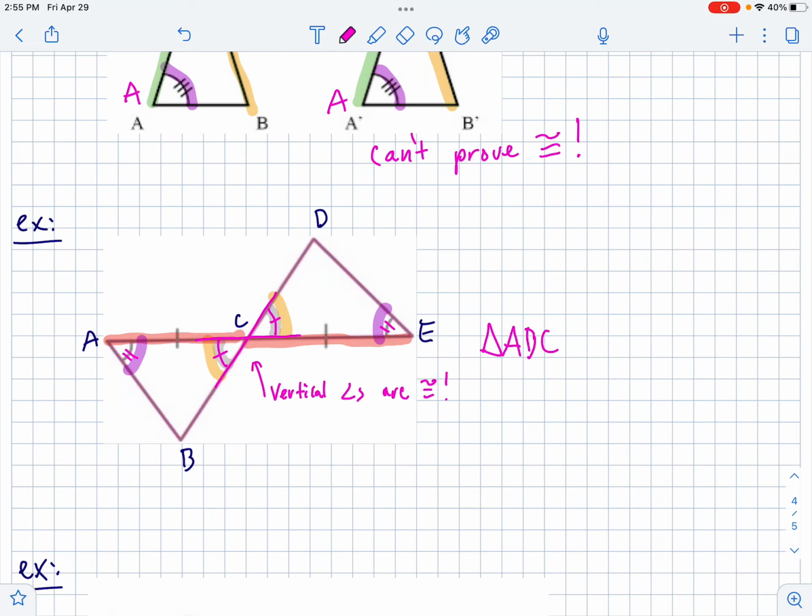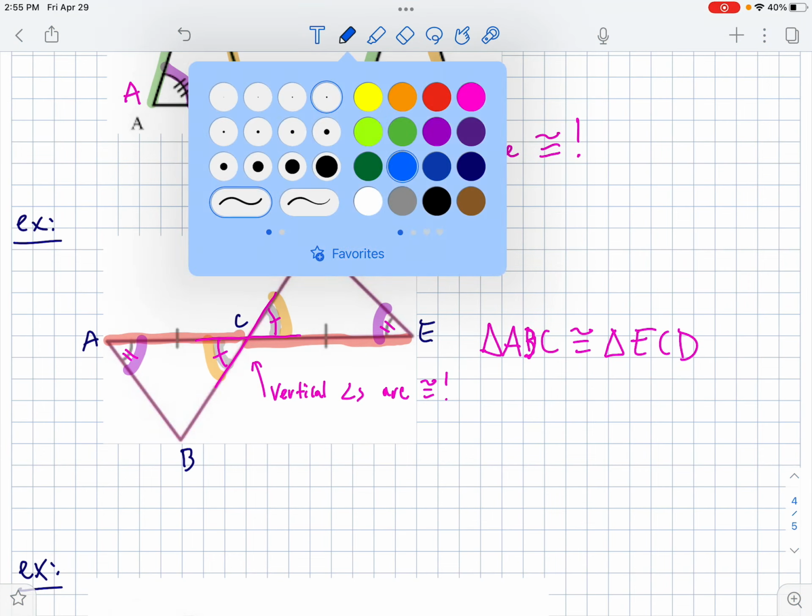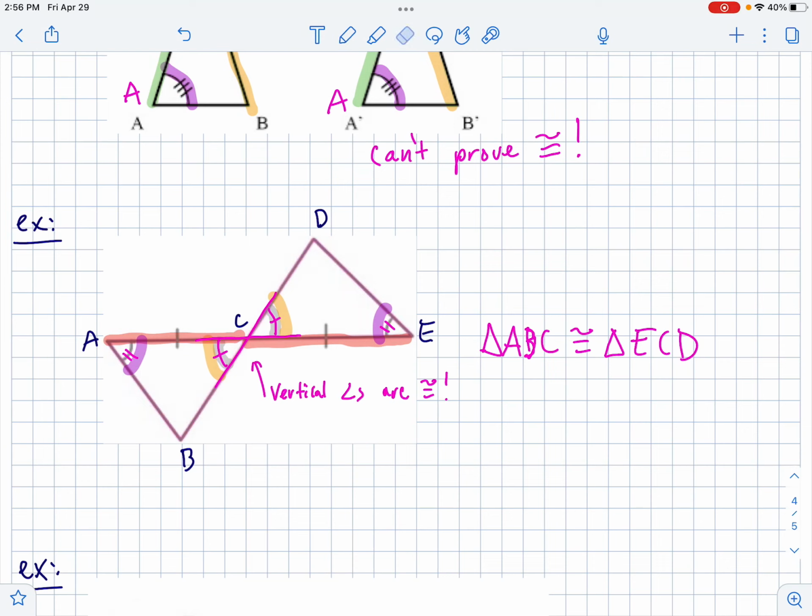Let's say triangle ABC is congruent to triangle ECD. Remember, the order matters there. So if I went ABC, oh no, wait, I did do ABC. Hold on, I messed this up, you guys. And that B looks terrible. I'm redoing it. So I went ABC.